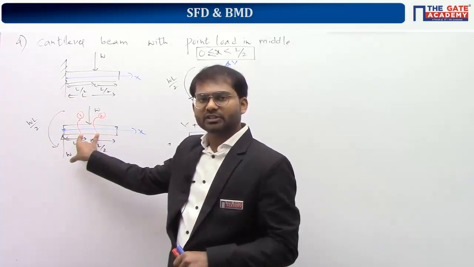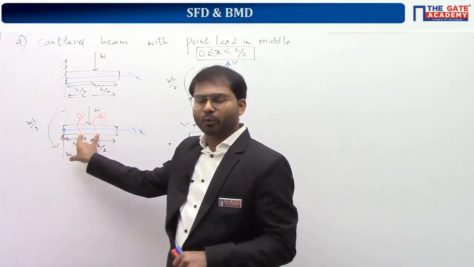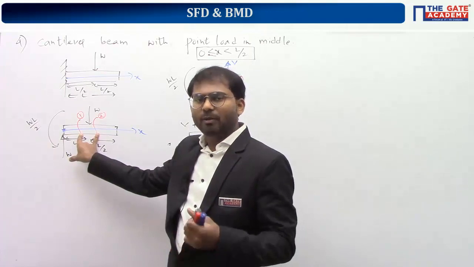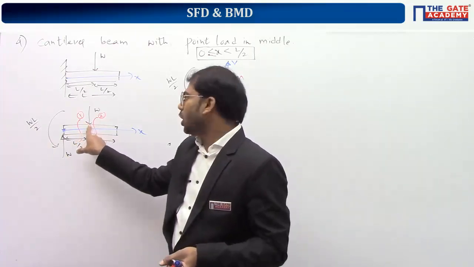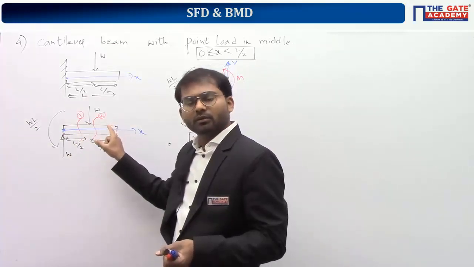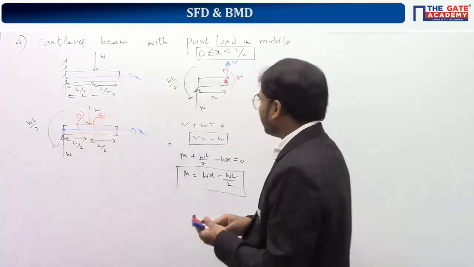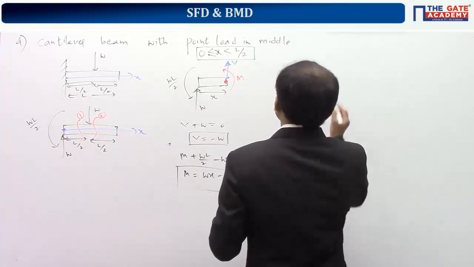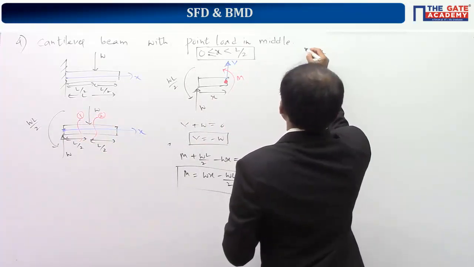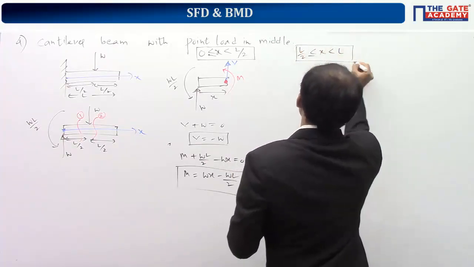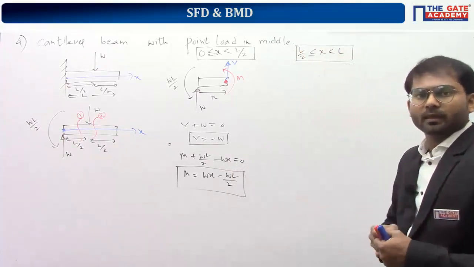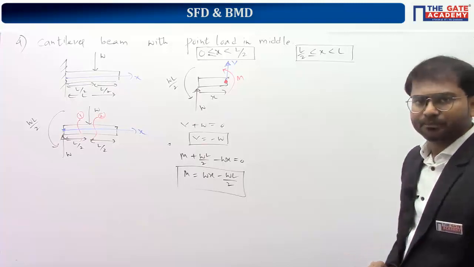It starts including L by 2, or 0.5, but not including L. So the range will be x including L by 2 and not including L. Am I right or not? You understood how to write down the range here?